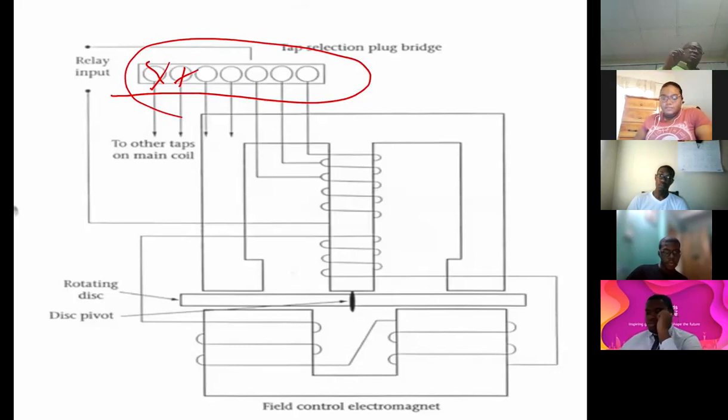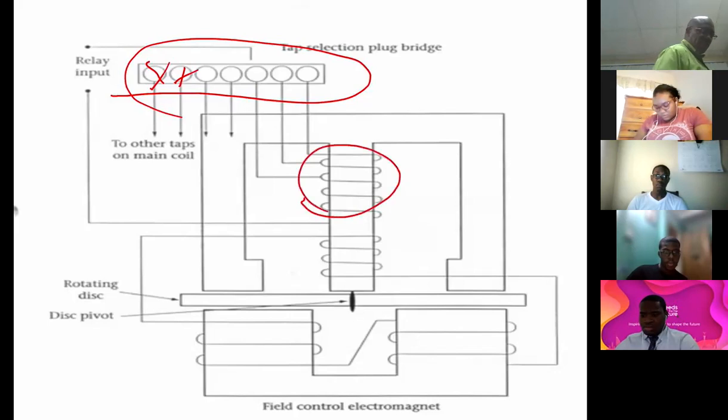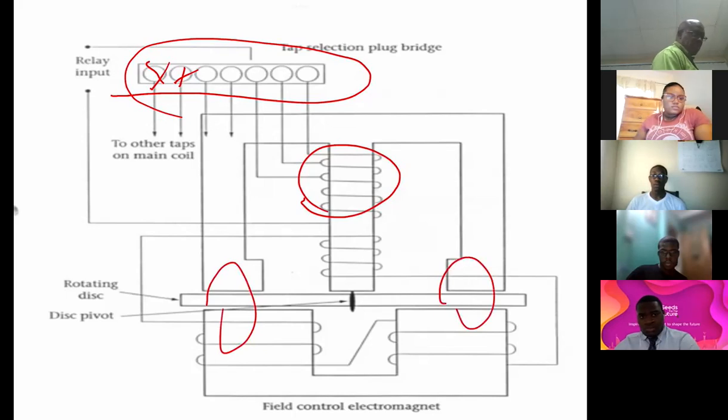In terms of what it is doing physically, it is tapping off a portion of the winding. That's why we also call it the tap setting, because it's tapping off the winding. So it's plug or tap. And then of course here's your rotating disc and your magnets and you name it.